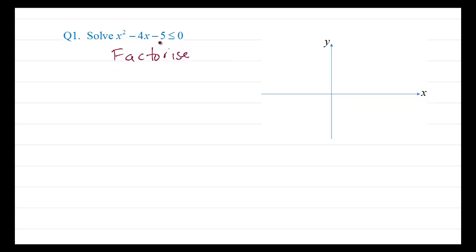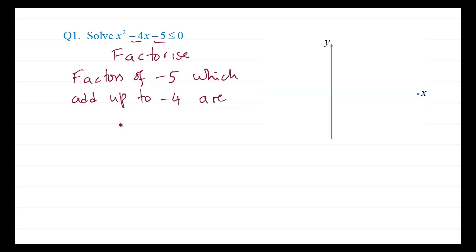So the factors are of minus 5, which add up to minus 4. So factors of minus 5, which add up to minus 4 are 1 and minus 5.